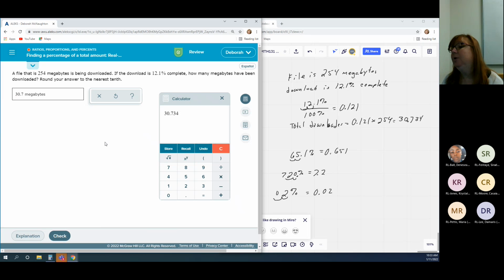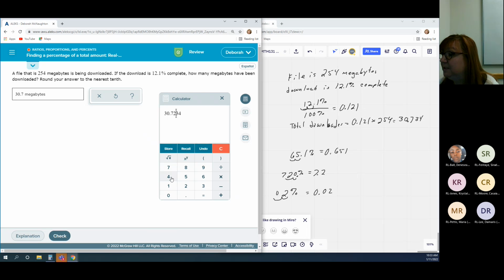And the way that you know that you did the right thing when you multiplied: if the total file is 254, and we've downloaded 12%, we've not downloaded the whole file yet. So this number should be less than 254.